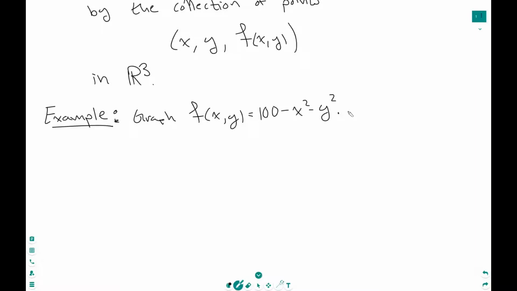Another question to ask ourselves is, what kind of surface is this? But let's wait. Let's get a feel for what this thing looks like. So if I have 100 minus x squared minus y squared, one way to kind of think about this is, remember, we're setting z equal to f of x and y, which in this case is 100 minus x squared minus y squared.